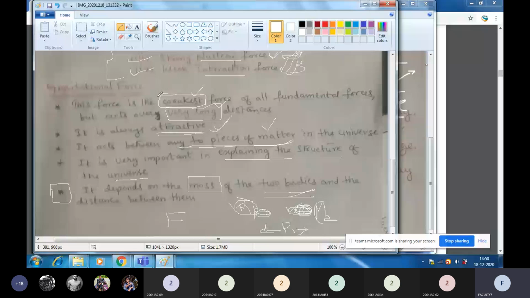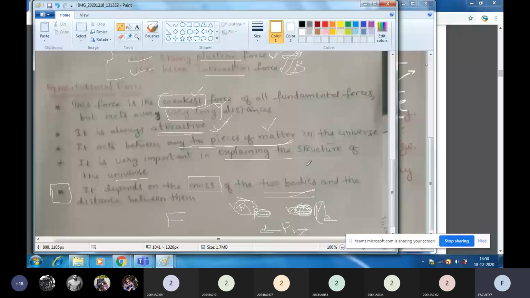Next point is that it is always attractive. Next, it is going to act between any two pieces of matter or objects in the universe. Next thing is about the universe. Depending on the gravitational force, we can give the structure of the universe.